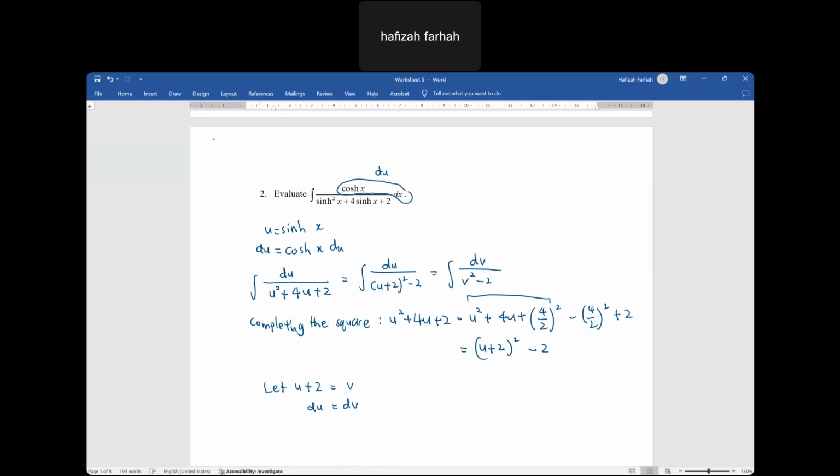What we have here is a square in the denominator, there's no v on the numerator. So remember, please refer to the formula. v squared minus a constant, for integration, there's no square root. Our v squared is positive, so it cannot be inverse hyperbolic.